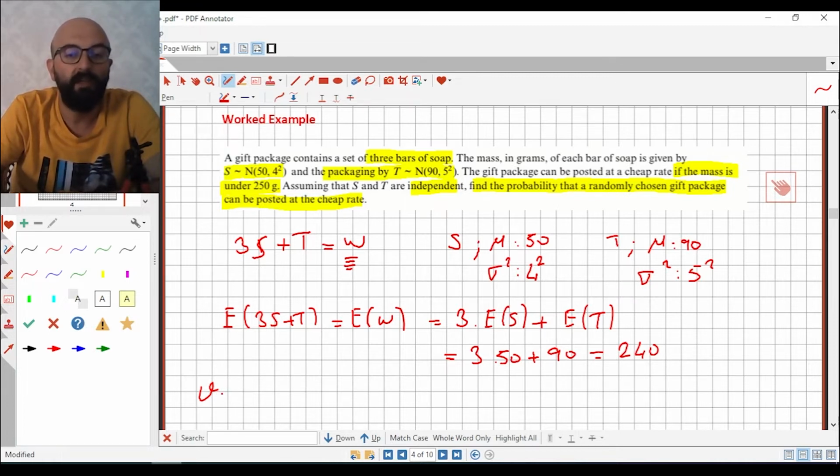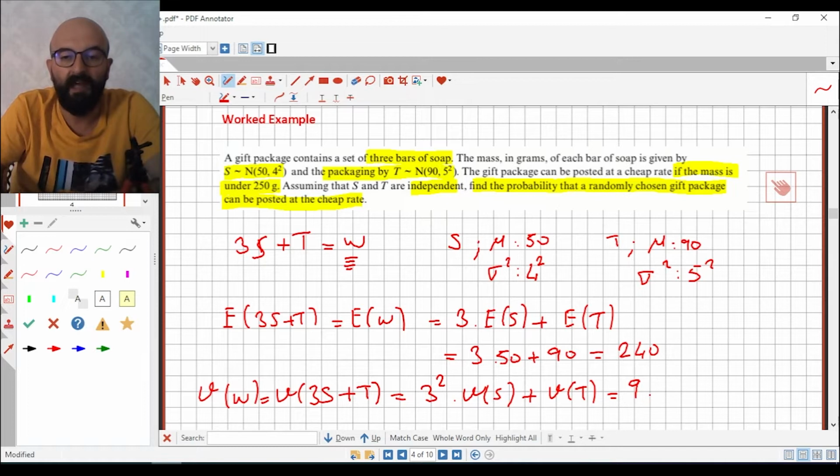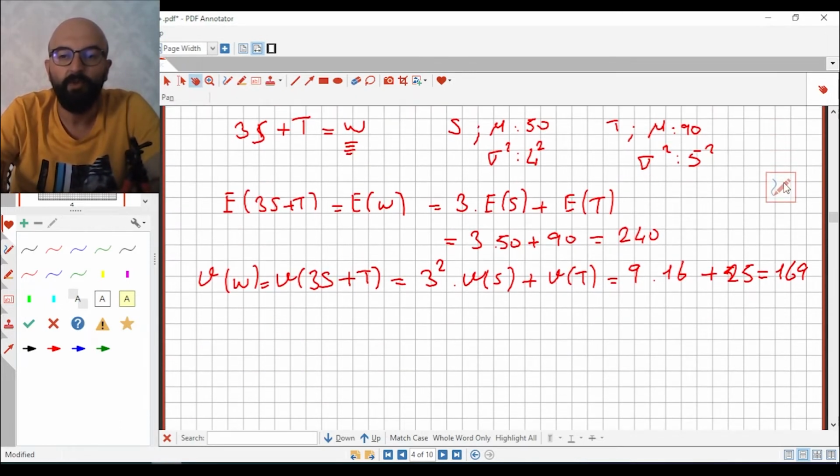For the variance of W, it is the variance of 3S plus T. Please remember that the variance becomes 3 squared multiplied by the variance of S plus the variance of T. So 9 multiplied by 4 squared, which is 16, plus 5 squared, which is 25, gives 169.